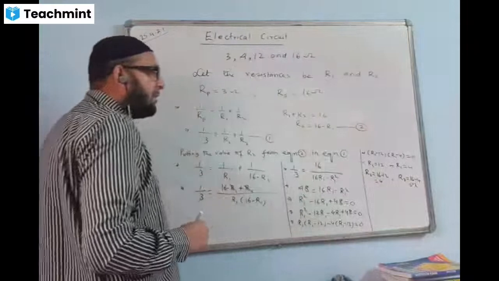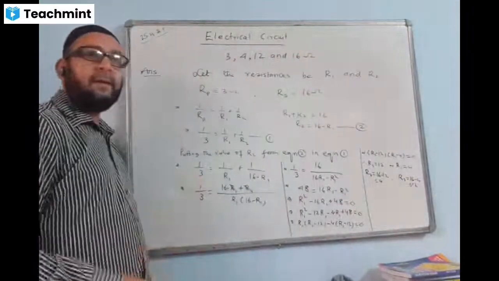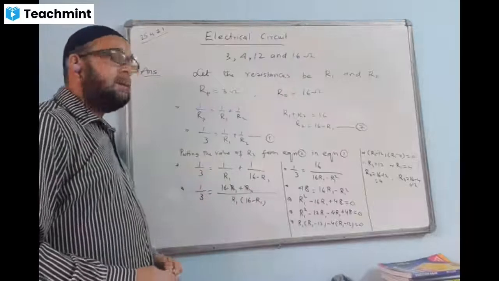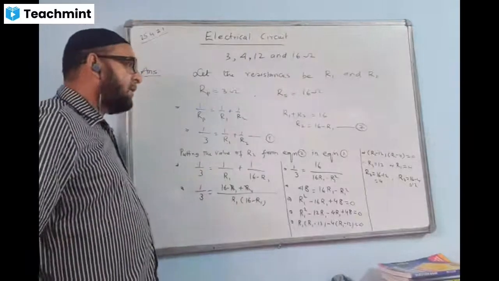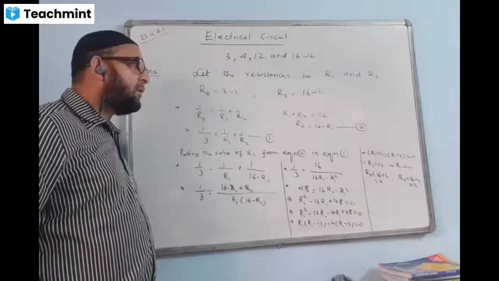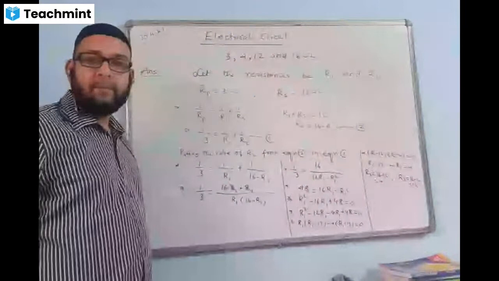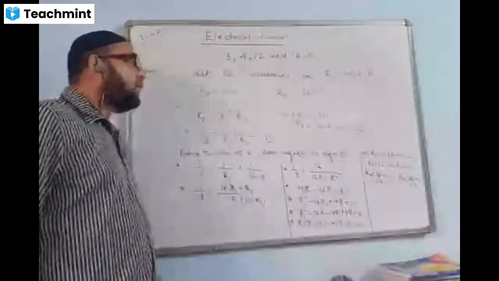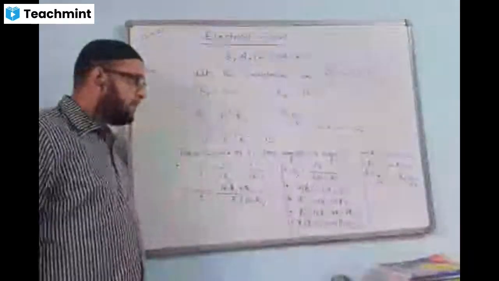So your answers are 12, 4 or 4, 12. Hence, the resistances of the two wires are 4 ohm and 12 ohm. So that is the answer.